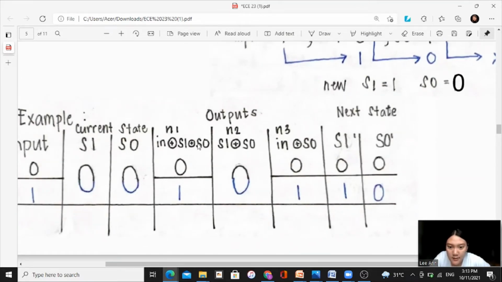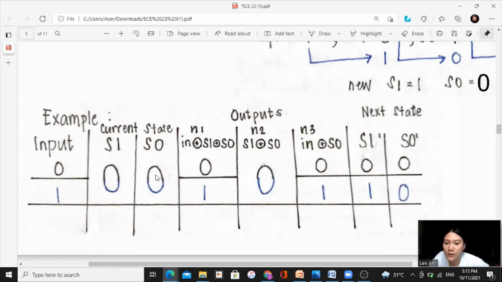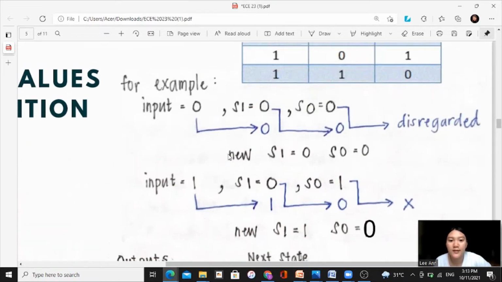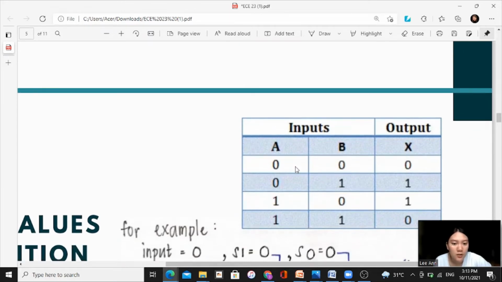Next is XOR to S0, so the output is 0. For N2, S1 0 XOR S0 is also 0, so the output is 0. And N3, which is the XOR of input and S0, both values of 0, will also lead us to the value of 0.